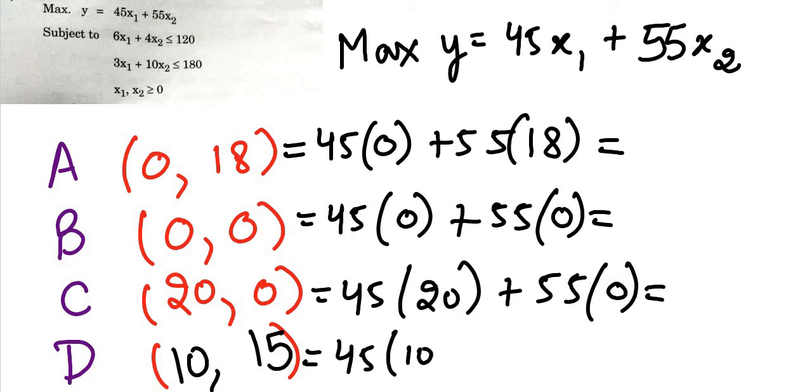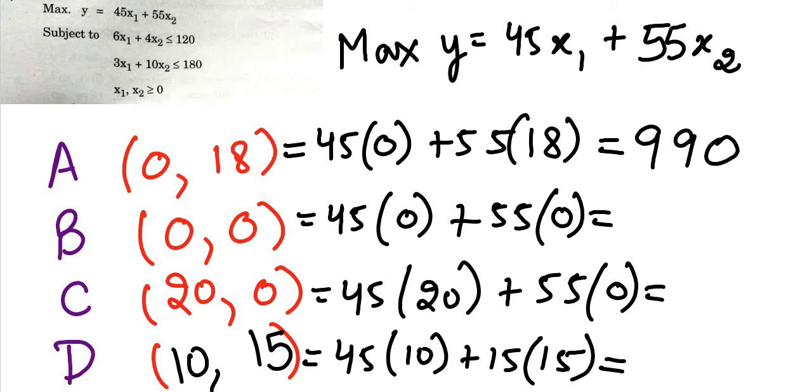45, 10 plus 15, 15. So now here we have to solve 55 multiplied by 18. Yeah, so it will be 990 and this will be 0 and this will be 900 and this will be, just wait.